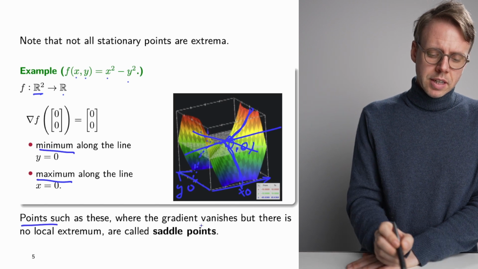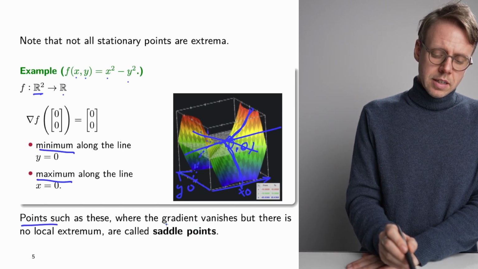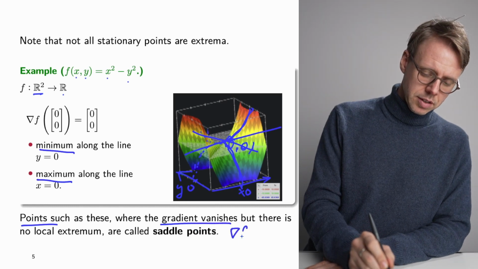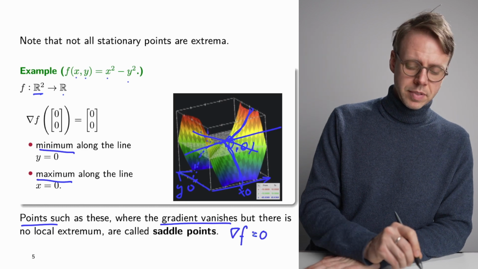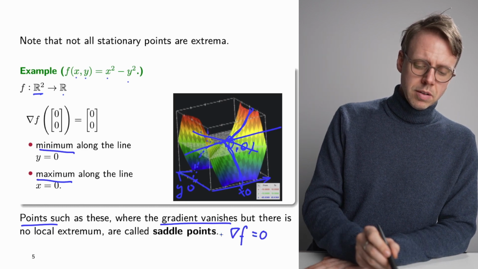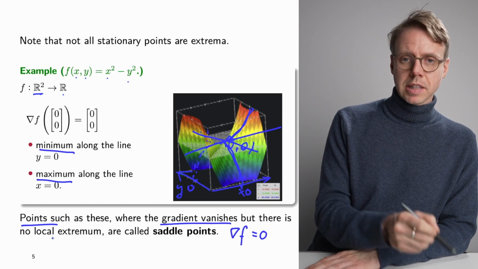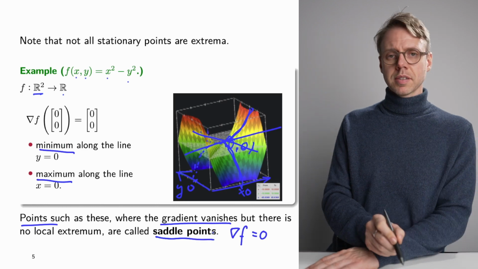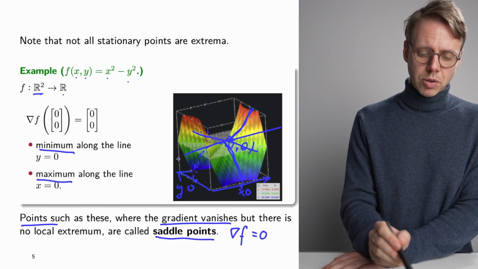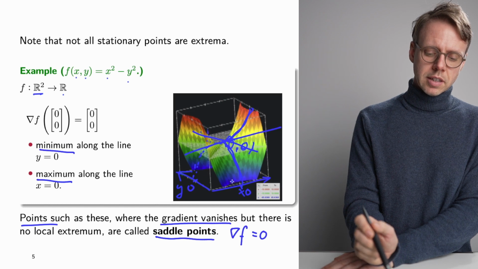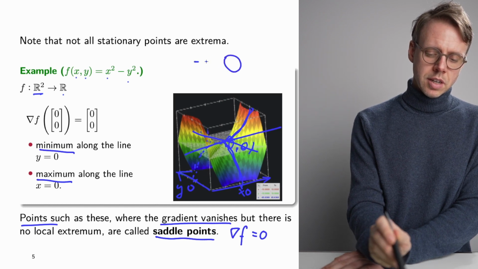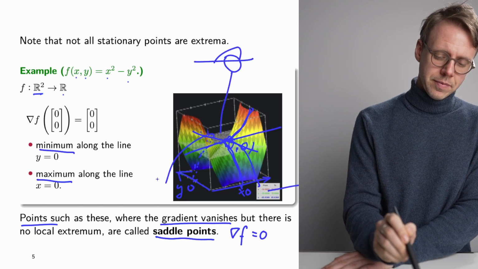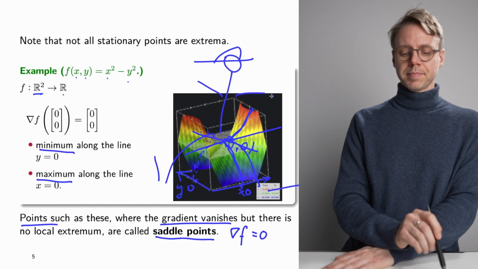And these points that have a zero gradient, so where the gradient vanishes, nothing else than saying gradient of f equals 0, but they are not a minimum or maximum, so they're not an extremum locally. They're called saddle points. And why are they called saddle points? Well, if you look at this graph, it very much looks like a saddle. So you can imagine a cowboy sitting in this saddle here, riding a horse.